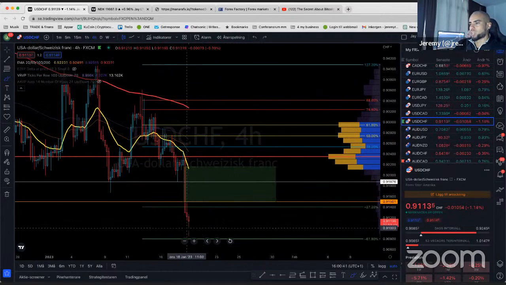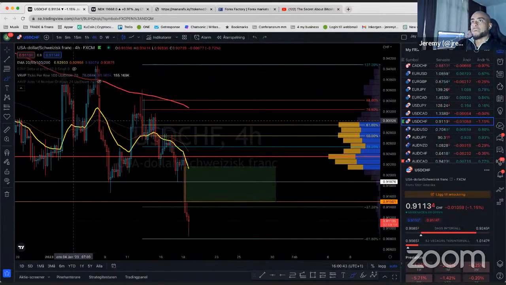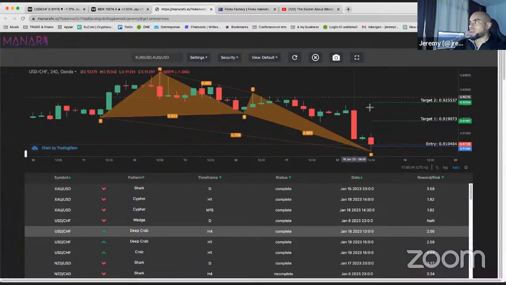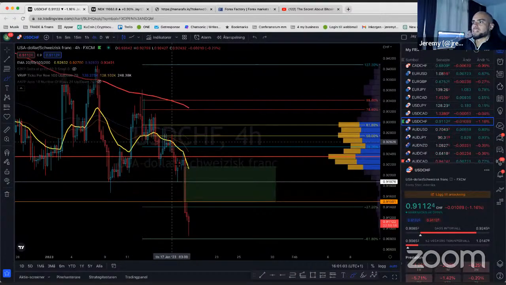I would look for the market to reverse down here, but the market is facing resistance at this level already, which conflues with Manara. Manara is telling us to enter for a buy at 91.05. So that is what Manara is telling us.